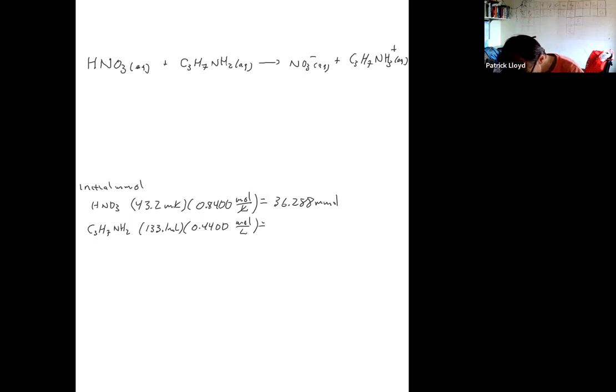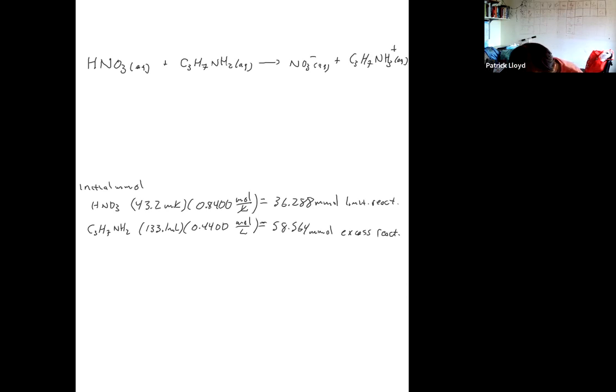See how we get a larger number? So that means this is the excess reactant, and this is the limiting reactant. The previous example was the opposite. The strong acid was the excess reactant.